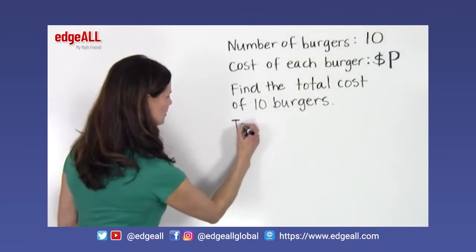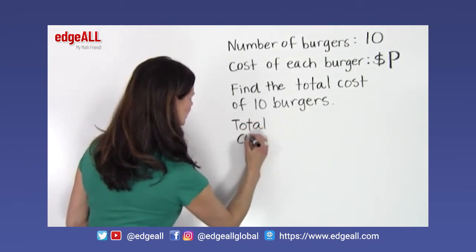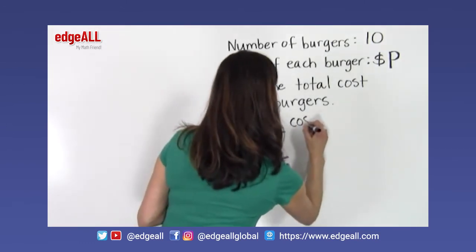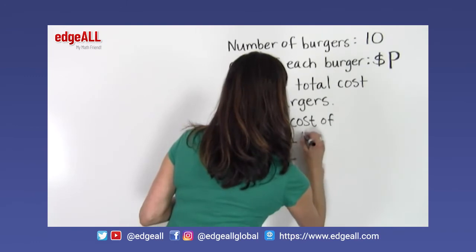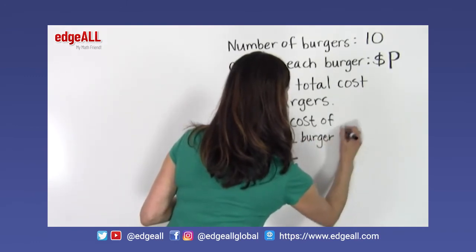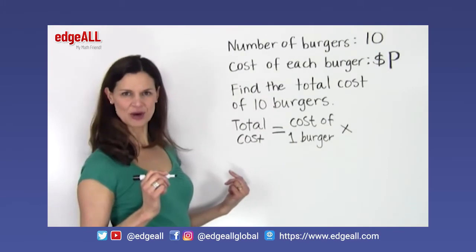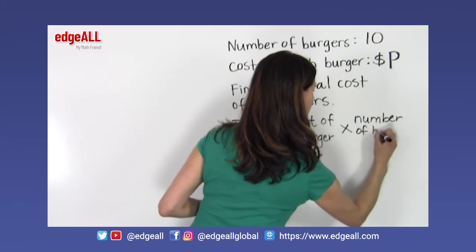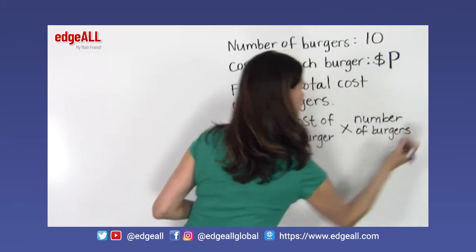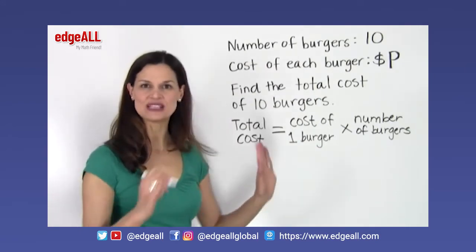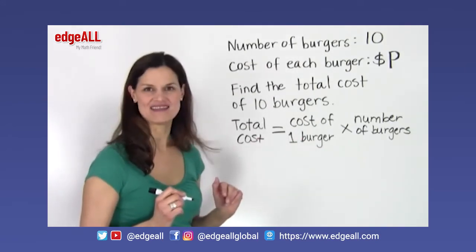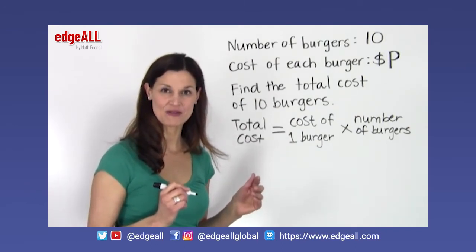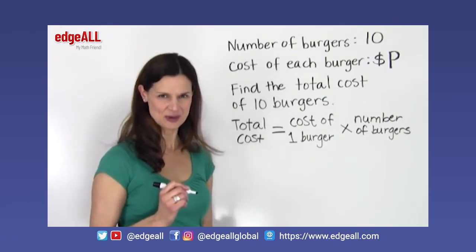So we've got total cost is going to equal the cost of one burger times the number of burgers bought. So I'm now going to start plugging in my information that I already have, and I'm going to write a simple algebraic expression for the total cost of the burgers.